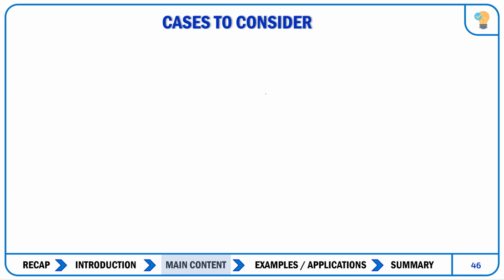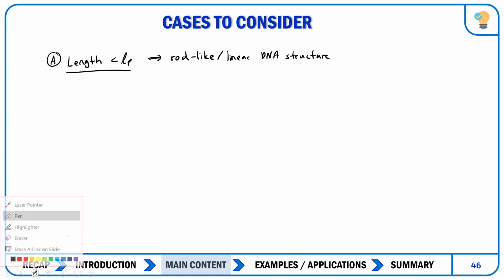So to wrap up, we just want to go through a summary of different cases we've looked at and a summary of the worm-like chain model. There are 3 cases to consider, and that is when 1, or A, when our length is less than LP. We have a rod-like or linear DNA structure. So we're going to have something that looks like this.